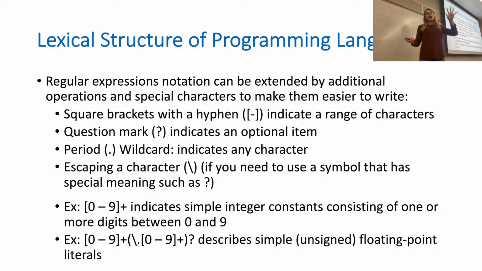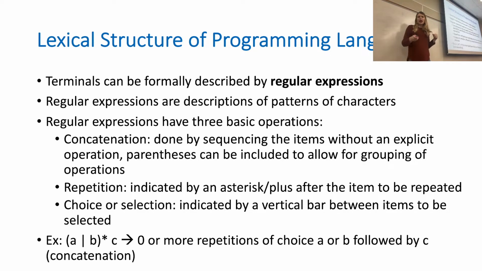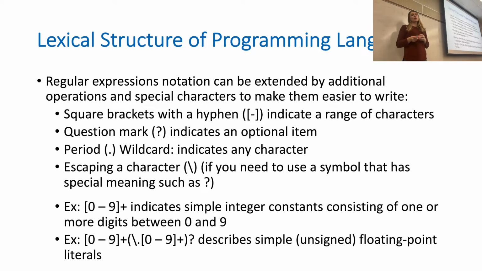So just so we have these, some basic regex notation on top of what we already had, all right? We have concatenation, repetition, choice. We also have square brackets with a hyphen, which indicates a range of characters. A question mark indicates an optional item. A period is a wildcard, which just says any character can match.